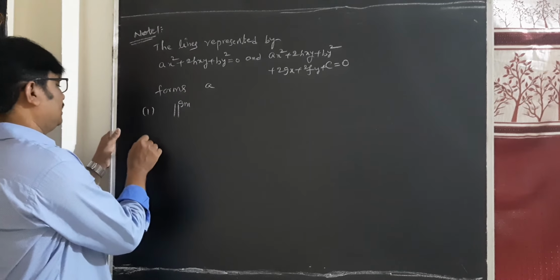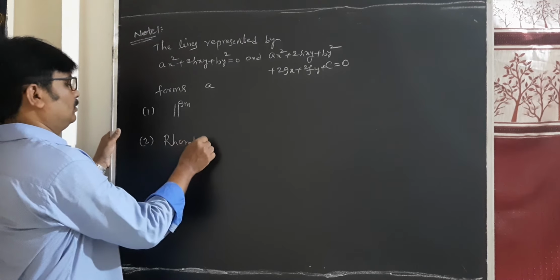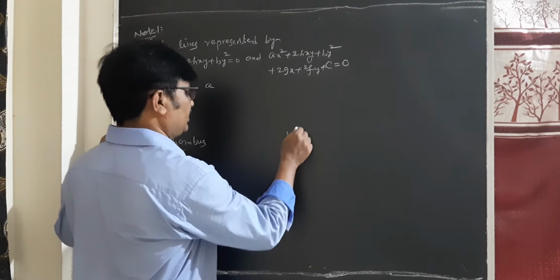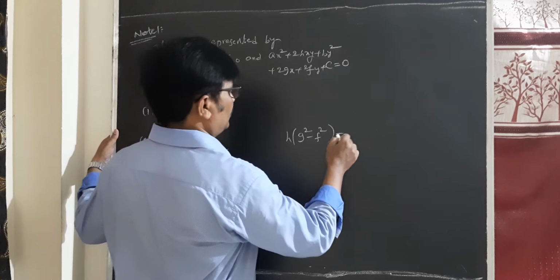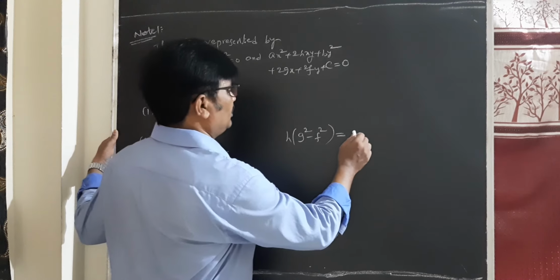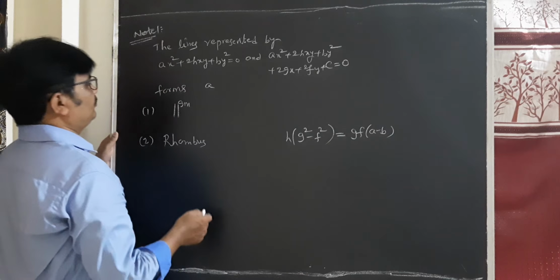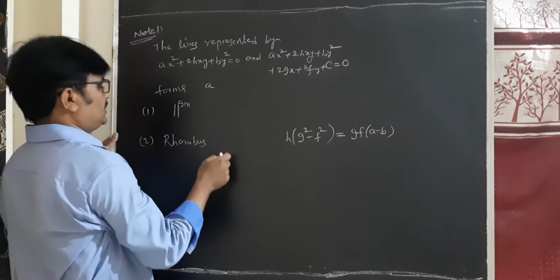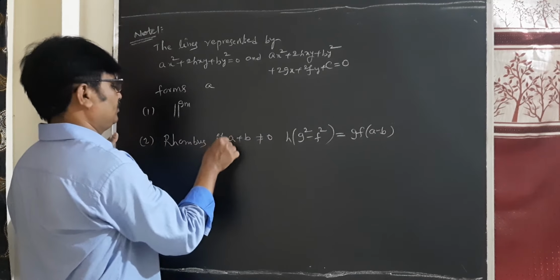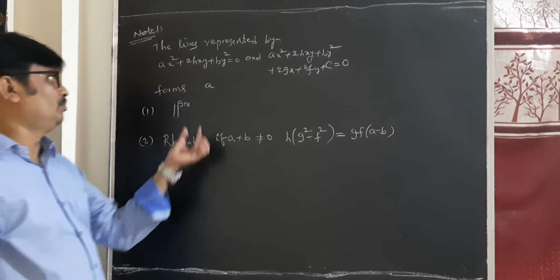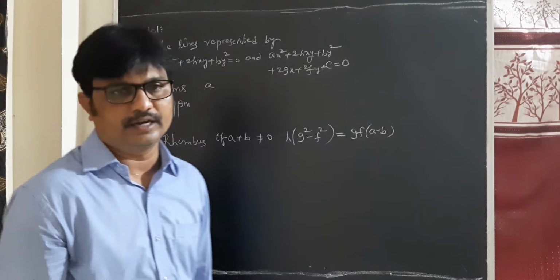So dear students, already we know the condition to form a rhombus. Just now we saw that H into G square minus F square equals GF into A minus B. At the same time, for the rhombus, the angle between the adjacent sides is not equal to 90.